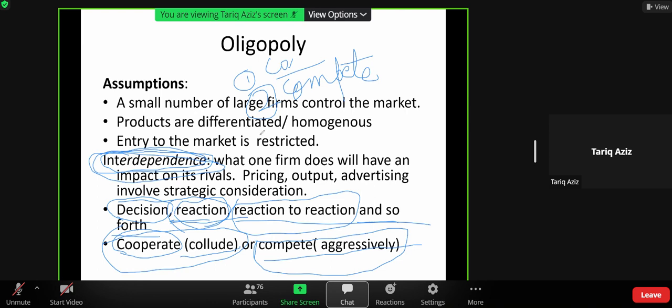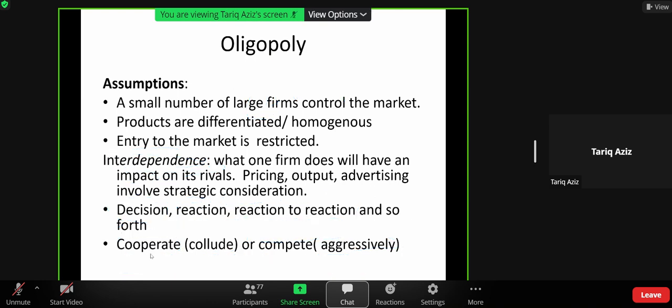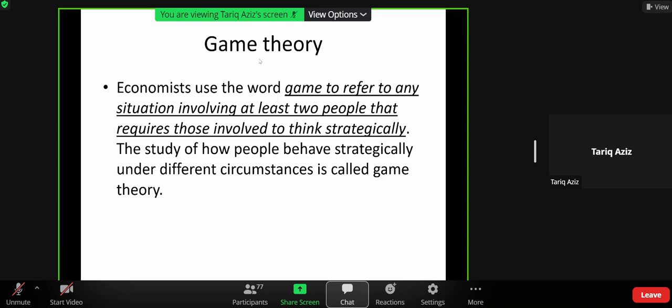And if they decide to compete with each other, consumers will be beneficiaries, because of competition, they will get a competitive price, a good price, a lower price. So let us talk about this cooperation and competition and elaborate with some examples.